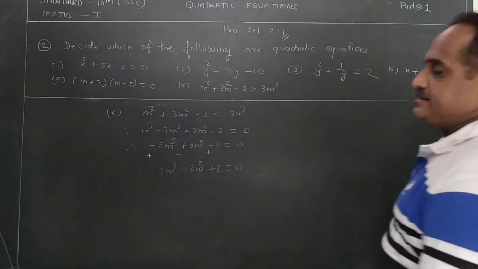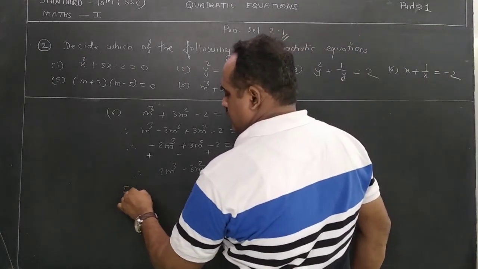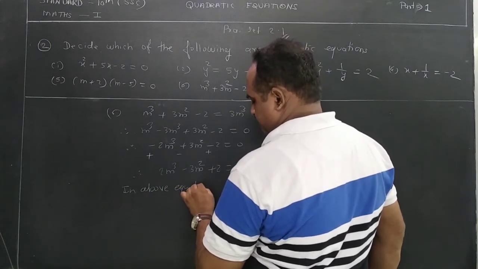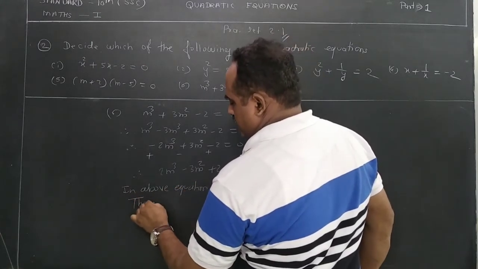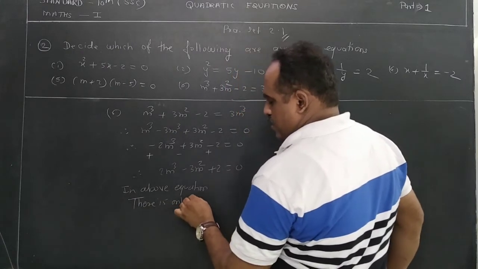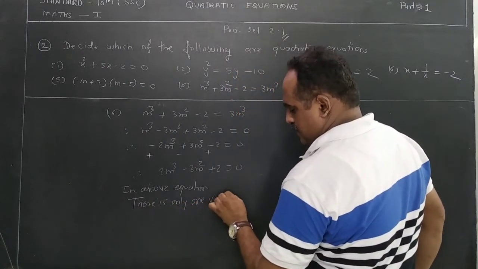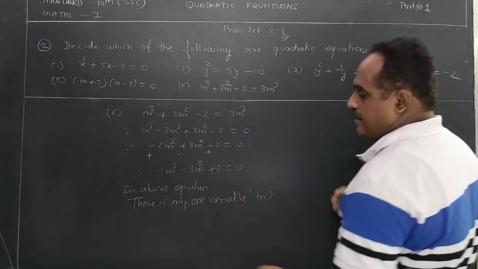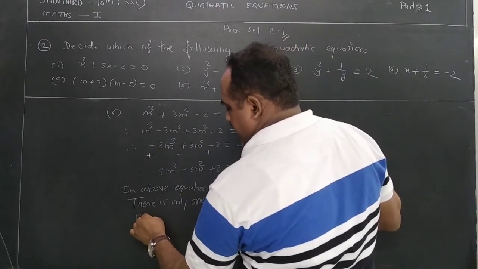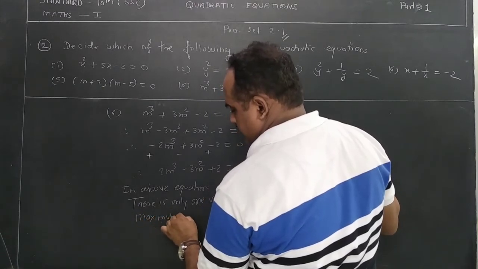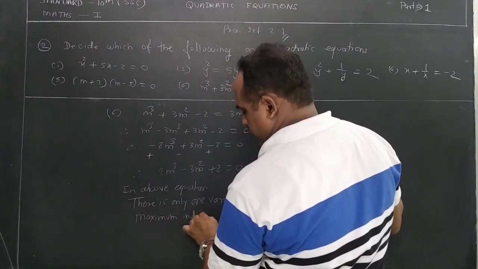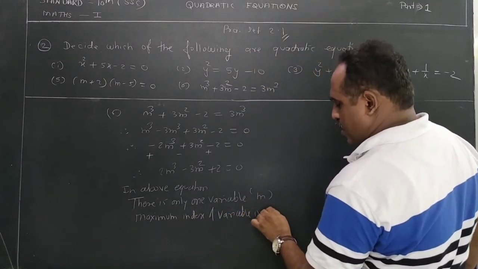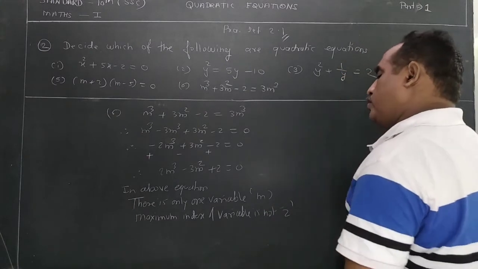Correct? In the above equation there is only one variable, that is m, and the maximum index of the variable is not 2.